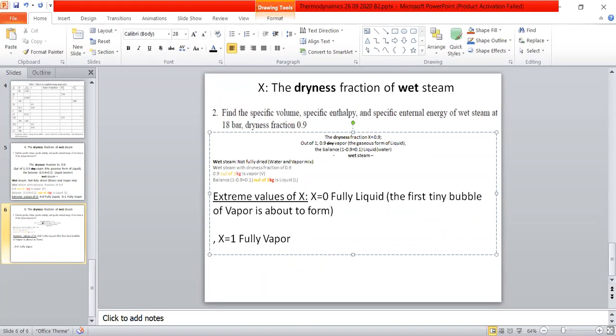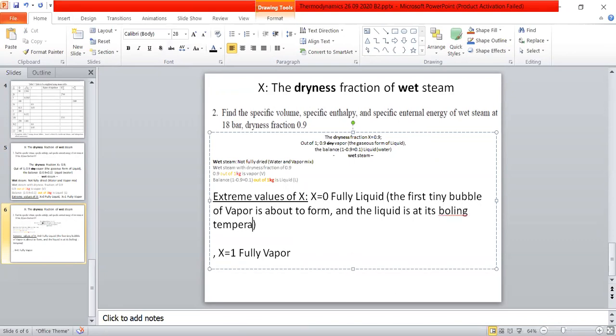The first tiny bubble of vapor is about to form, and the liquid is at its boiling temperature at the given pressure. Can you understand? Yes. So this is when x equals 0.